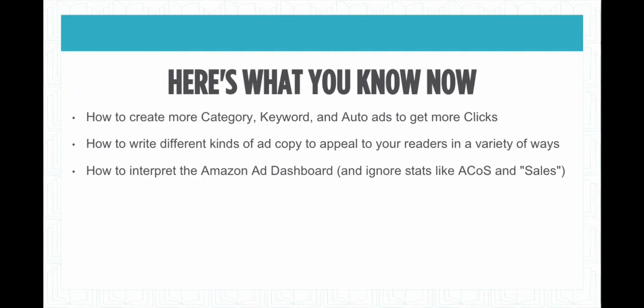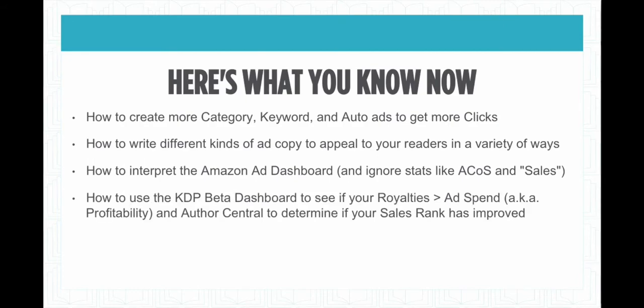You also know how to interpret the Amazon ad dashboard and why it's helpful to ignore stats like ACoS and sales, which are referring to tracked sales. You also know how to use the KDP beta dashboard to see if your royalties are greater than your ad spend, which is profitability. And you also know how to look at Author Central to see if your sales rank has improved as well.